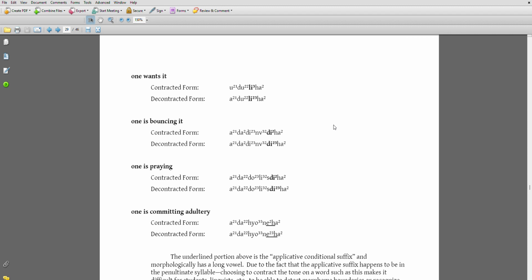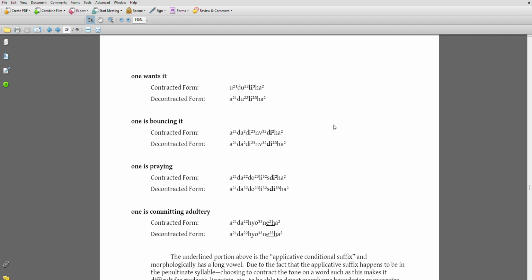One is bouncing it. Contracted form, adadinadihan. Decontracted form, adadinadihan. Adadinadihan. One is praying. Contracted form, adadolistihan.